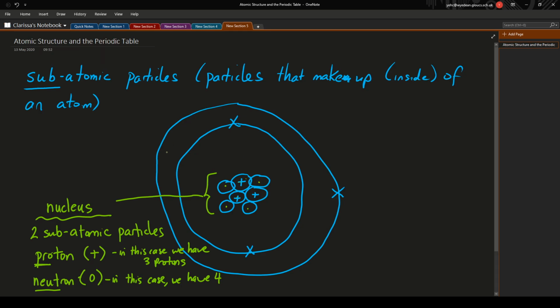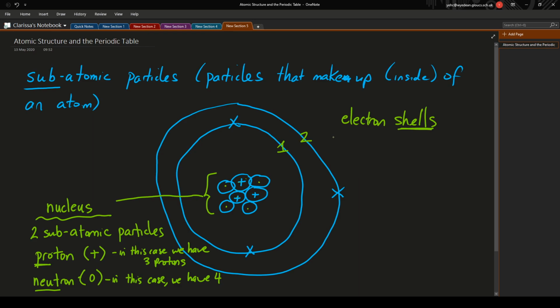Now the outside rings around my nucleus, so there's ring number 1 and ring number 2. These are what's known as the electron shells.